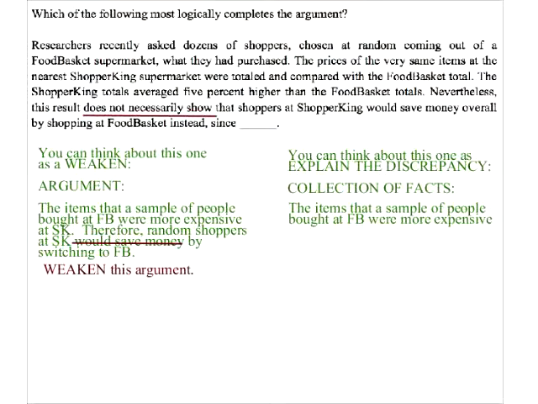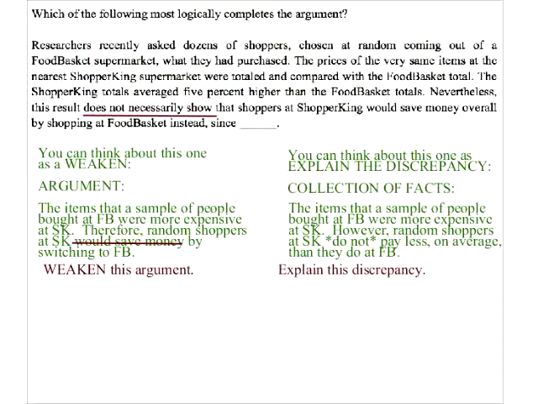However, random shoppers at Shopper King do not pay less on average than they do at Food Basket. So if you think of it as a collection of facts, then now you have to explain this discrepancy. Both of these basically work out the same. There's not really as much of a difference as one might think.